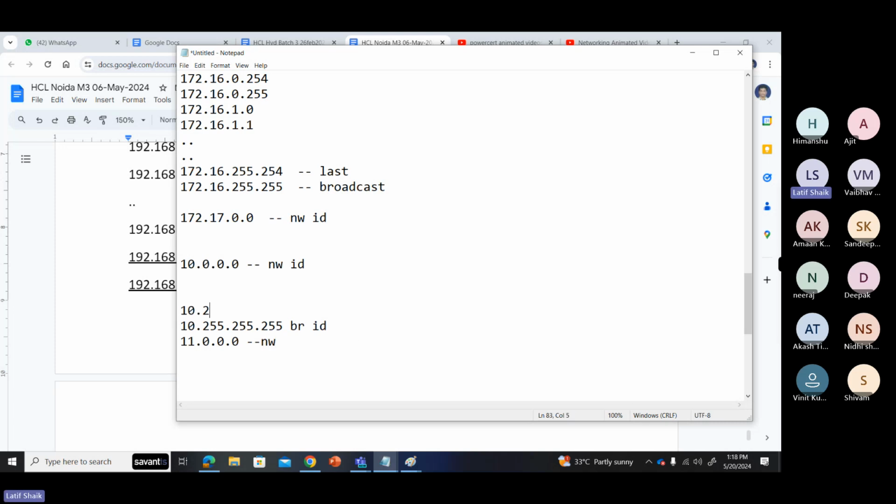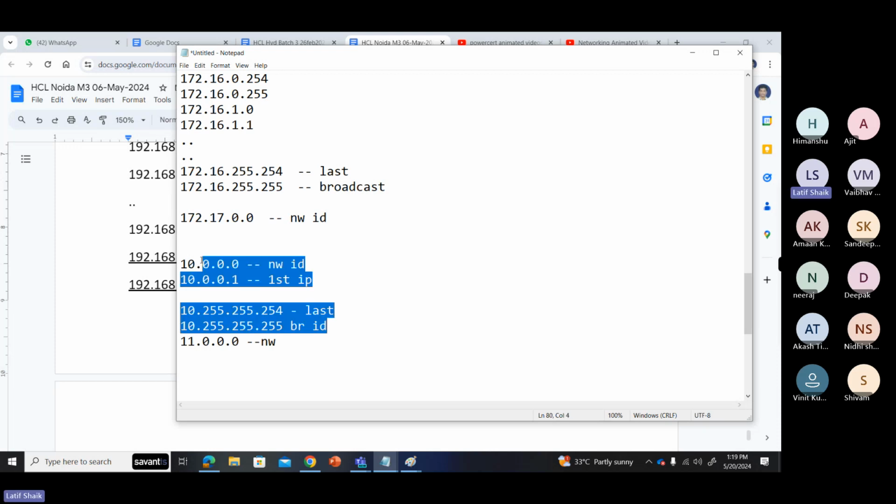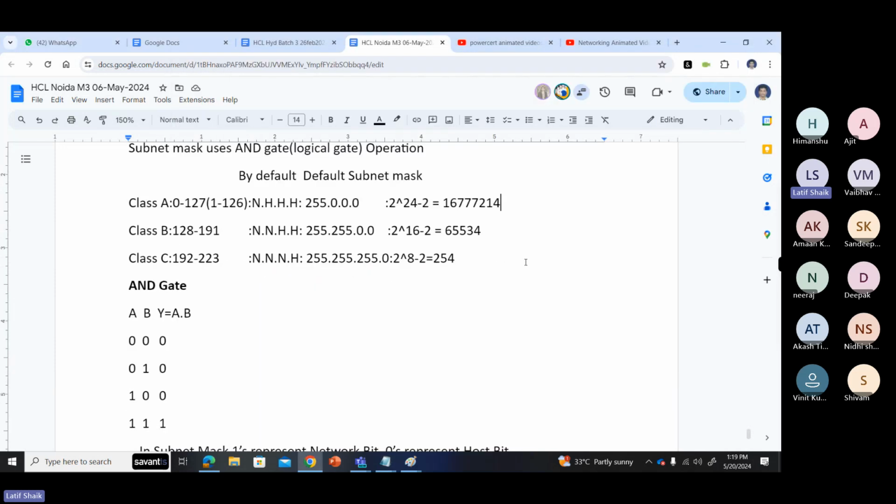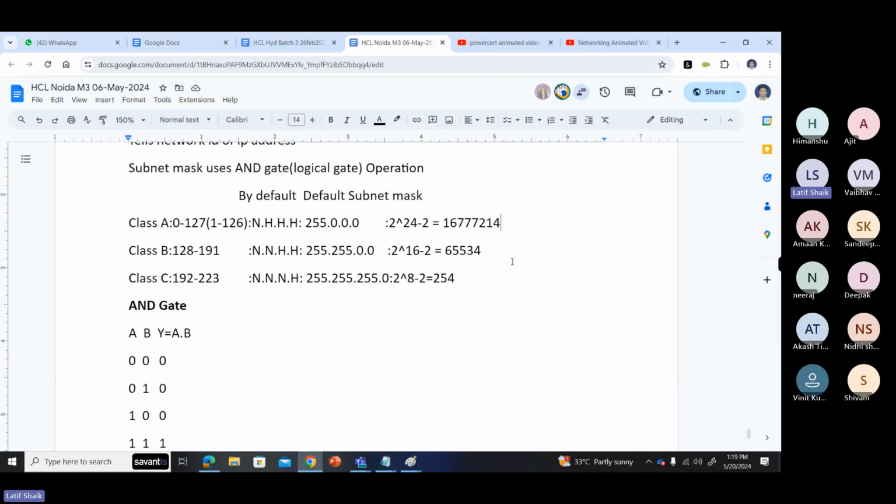And what is just before this one? This is the last one. And what is the first one? So this is entirely one network. From here to here, if you write the addresses one by one and count them, it is 16,777,214 number of IP addresses we will get.